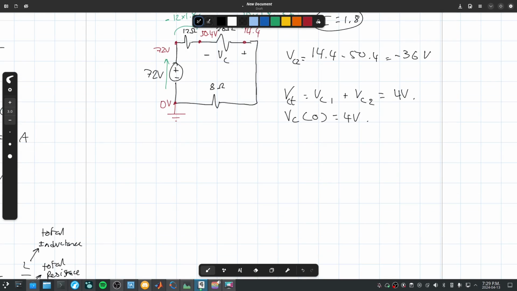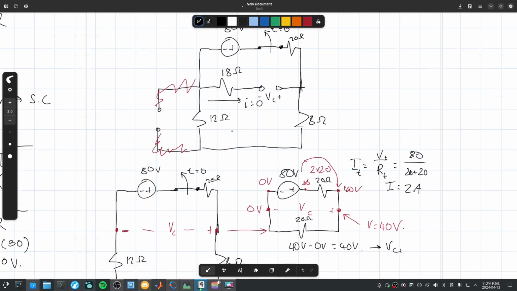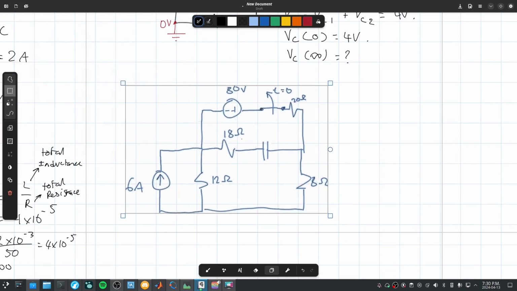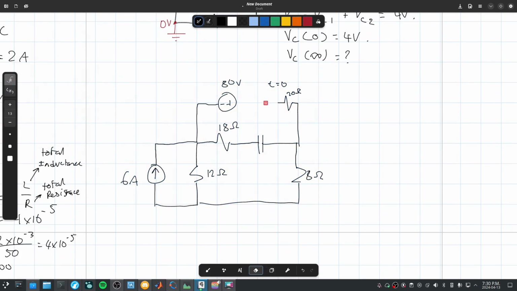Now we need to find voltage at infinity. Well, let's grab the circuit once again. As time goes on to infinity, this gate is going to be open, like this.